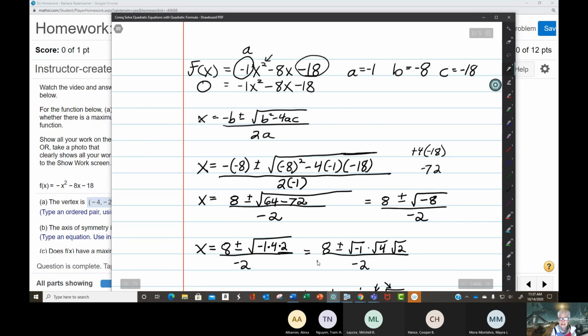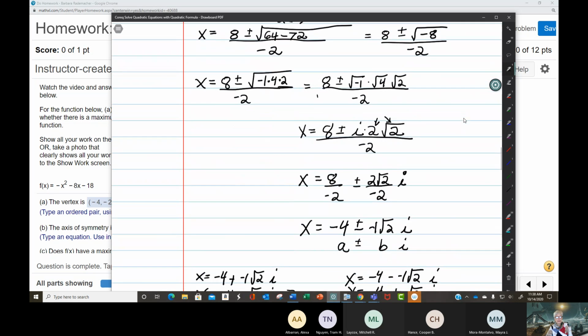Oh, the y-intercept. If you needed it, the y-intercept is 0, negative 18. And what else? Oh, because there's a negative sign in front of the x squared, this is a cup down parabola. And what else? Is there anything else to talk about here? There might be.